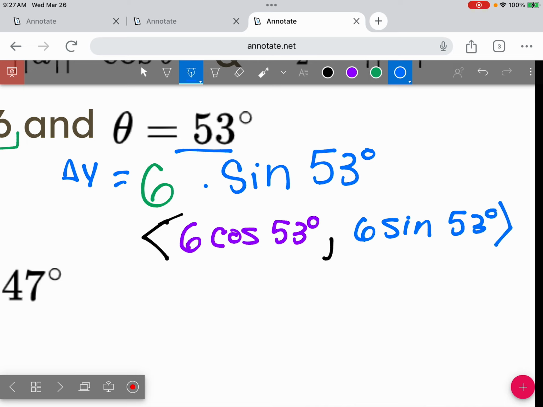It's the same pieces, just one's cosine, one's sine. Just like with our unit circle, cosine is the x, sine is the y. We're going to be able to use calculators for it, for sure, especially if we need decimal answers.